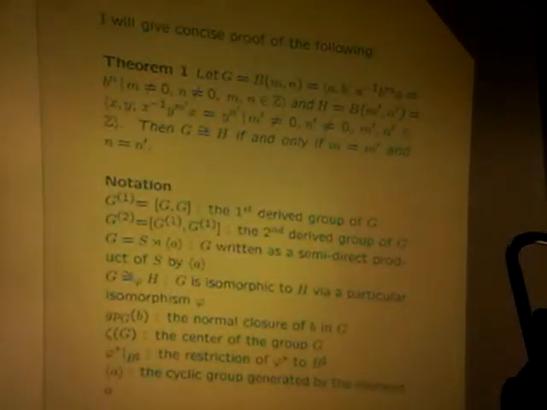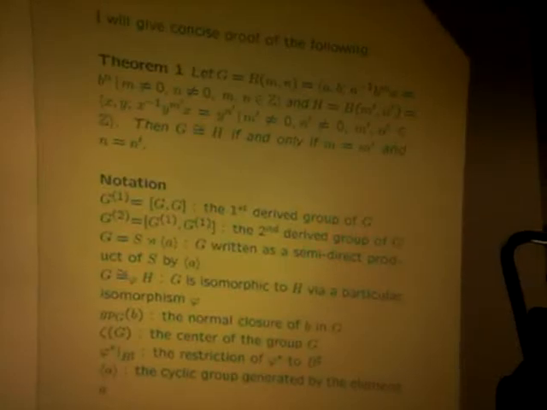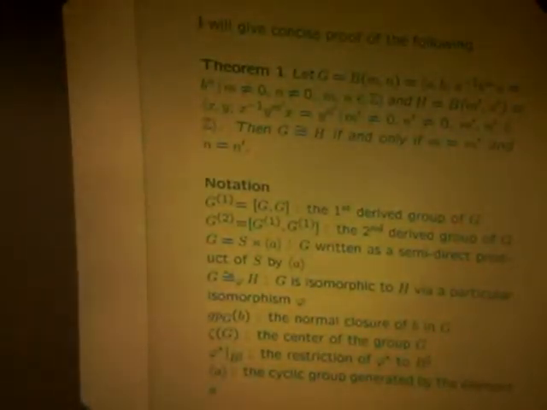So I'll give a concise proof of this theorem. Given G_{m,n} presented this way, generators a, b, relation a inverse b^m a equal to b^n, and given a second group H, which I call B_{m',n'}, the generators are x, y, and the relation is x inverse y^{m'} x equal to y^{n'}.